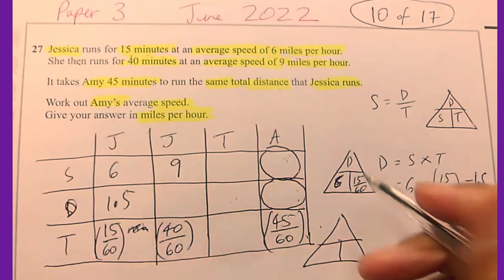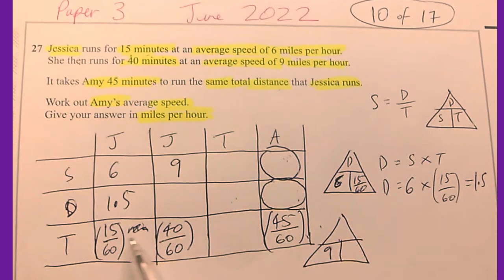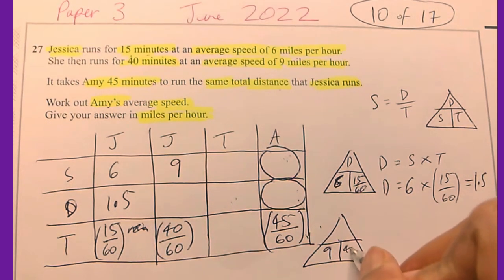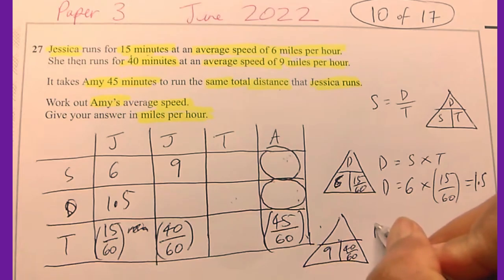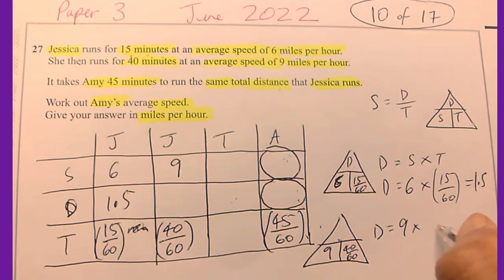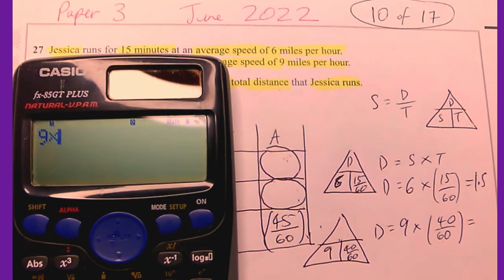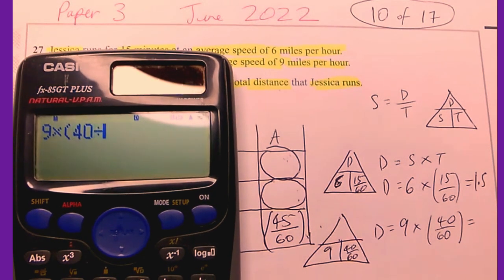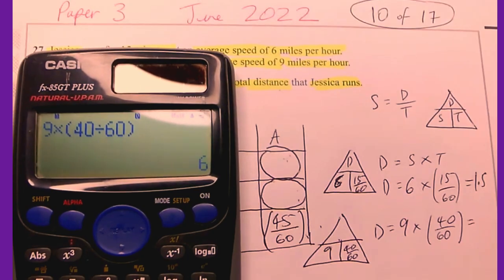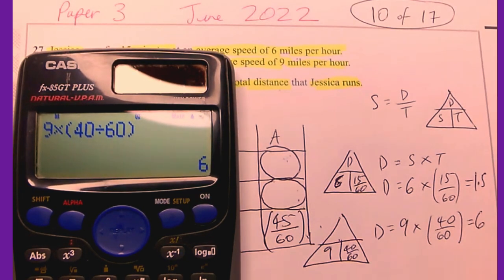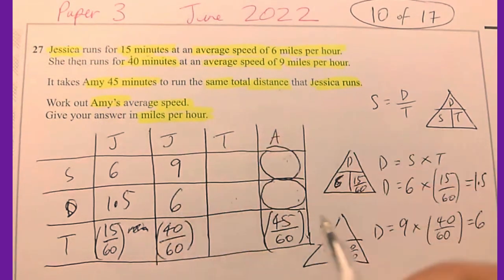And the same thing for the second part. My speed is 9. My time is 40 out of 60. So my distance equals 9 times 40 divided by 60. That gives me 6. So my total is these two added together.